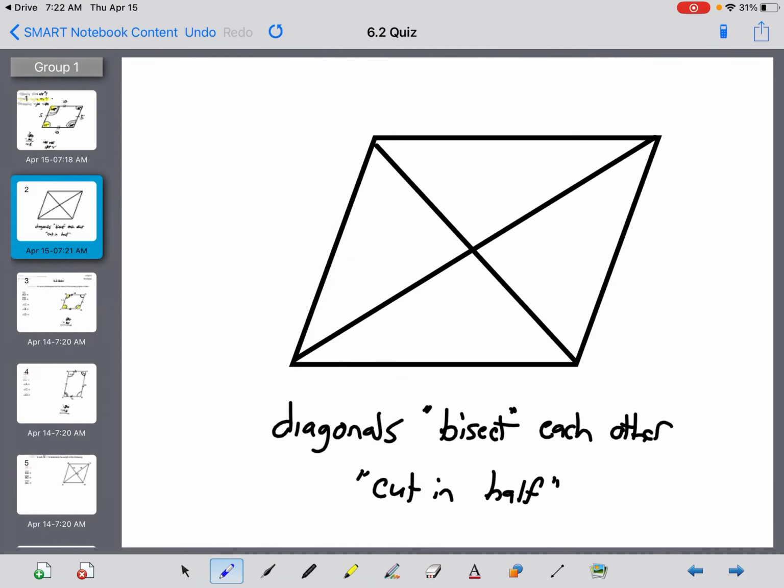So what does that mean? If we identify that this tiny little piece from here to here is 5, then this tiny little piece is also 5. If we note that this piece is 12, then this piece on this side must also be 12. And what does that mean? That the entire length of this line is really 5 plus 5, which is 10. And the entire length of this line is 12 plus 12, which is 24.